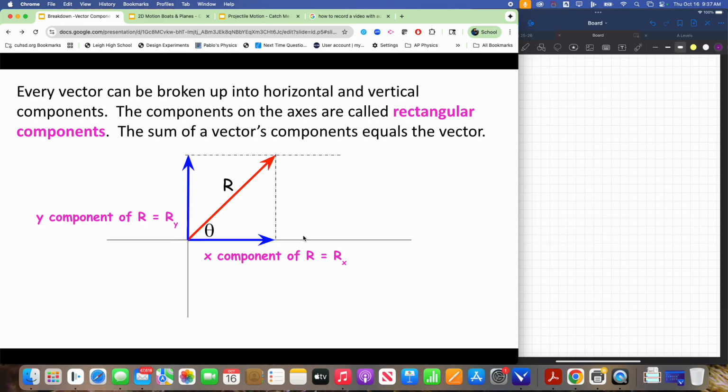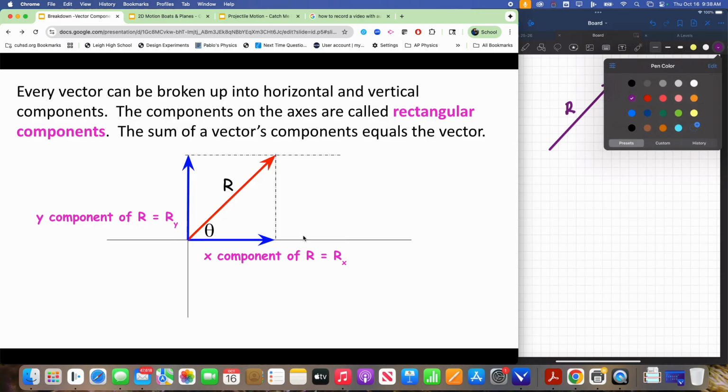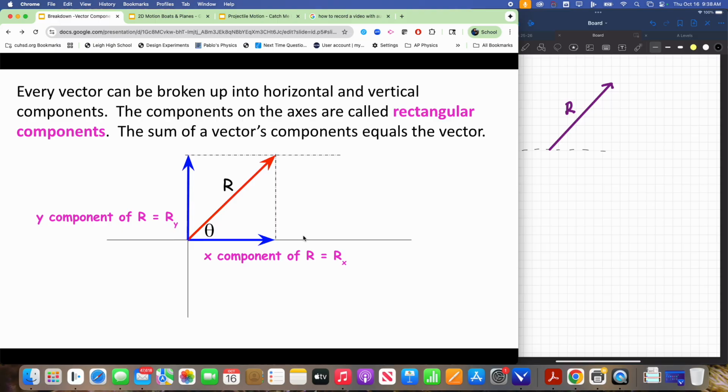So again, I'm going to draw a new vector here. I'm going to take this vector r, and that vector makes an angle with the horizontal axis. I'm going to measure this angle from the horizontal axis, and that's going to give us our angle theta.